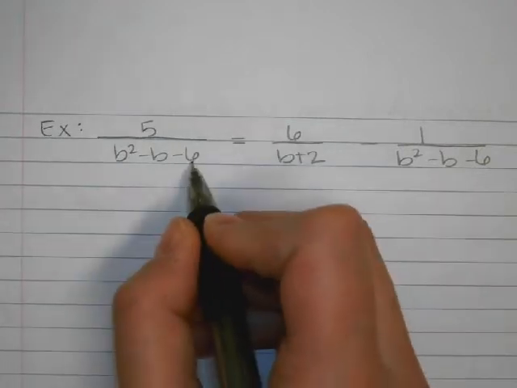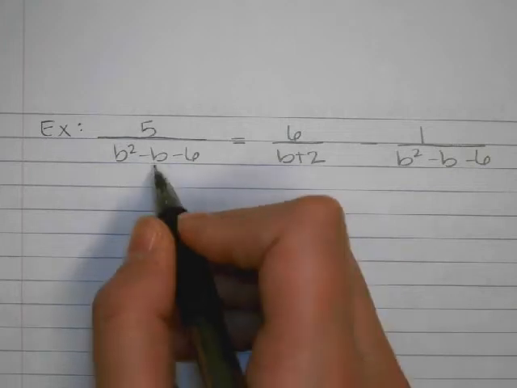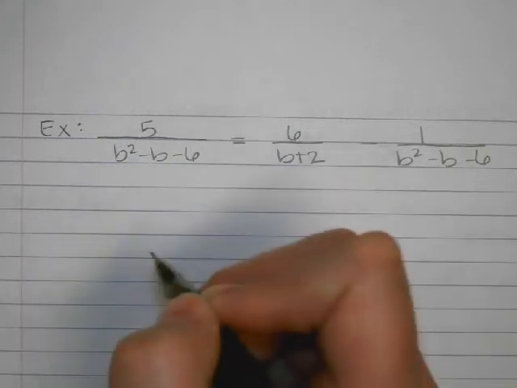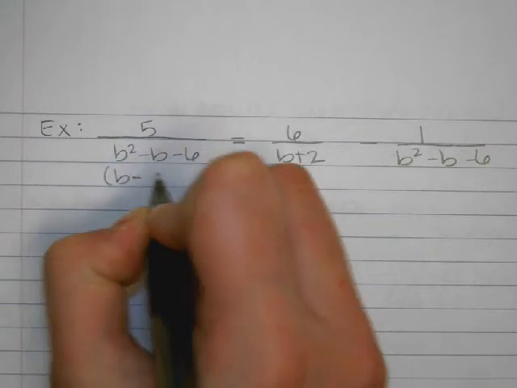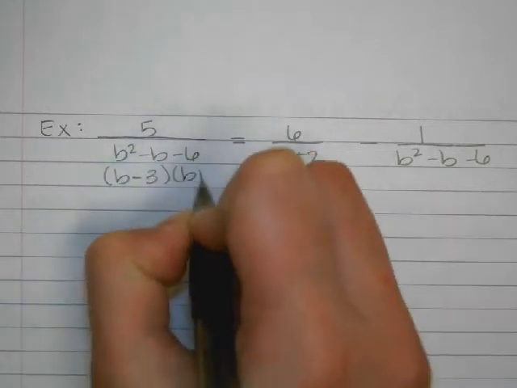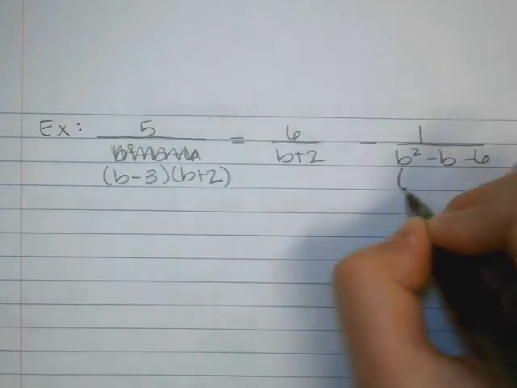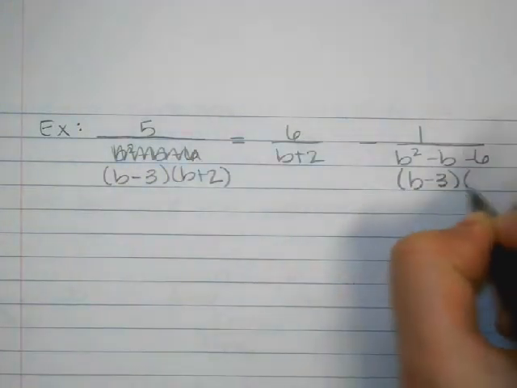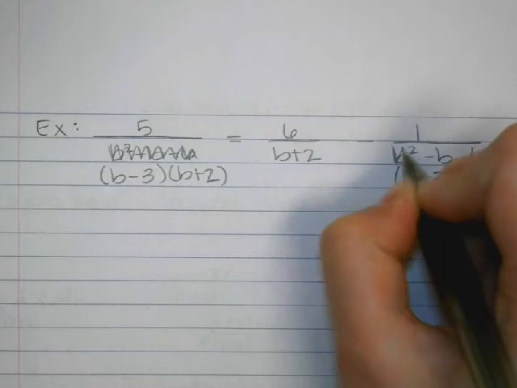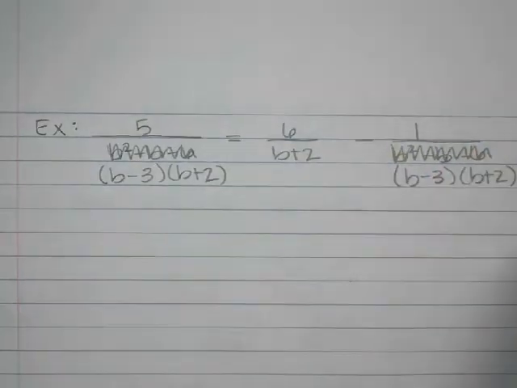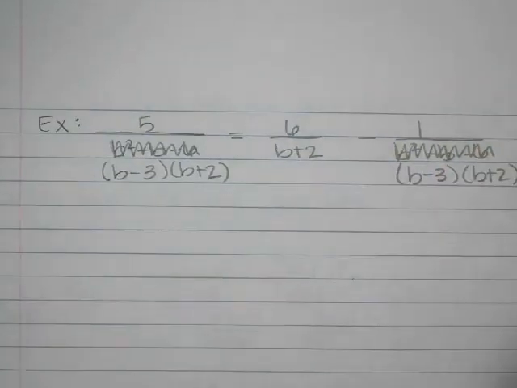So to see what multiplies to negative 6 but adds to negative 1, I would have b minus 3 and b plus 2. And then over here saying b minus 3 and b plus 2. So that means that our common denominator is a b minus 3 and a b plus 2.